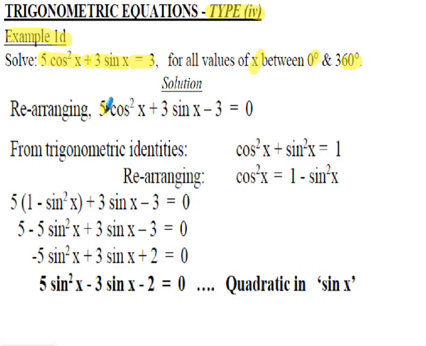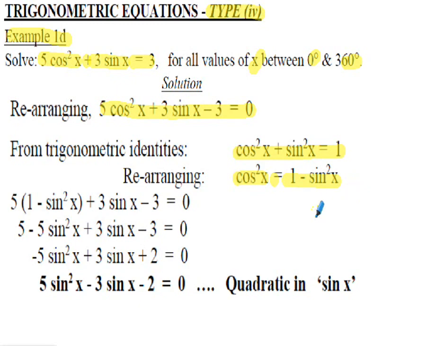Now, given that 5 times cos squared x plus 3 sine x minus 3 is equal to 0, the trick here is to go back to our trig identities, and I'm looking here at the cos squared x plus sine squared x equals 1 identity that we've used in previous work. What I'm going to do is rearrange it in terms of the cos squared term, so that cos squared x is equal to 1 minus sine squared x.